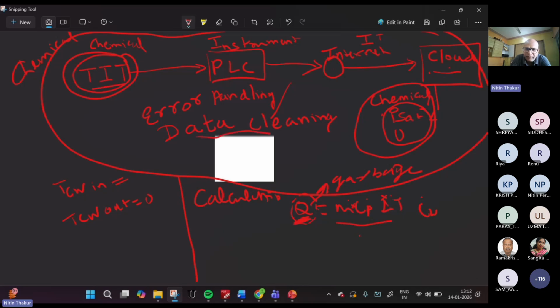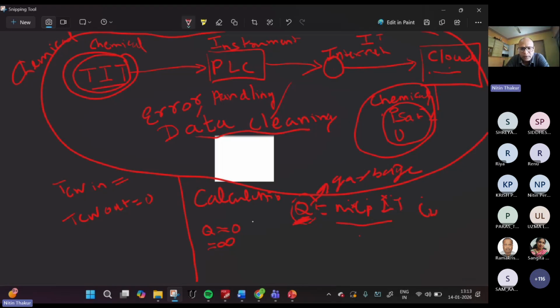Data cleaning means any equation calculation by the computer that leads to a value of 0 or infinity has to be cleaned up.